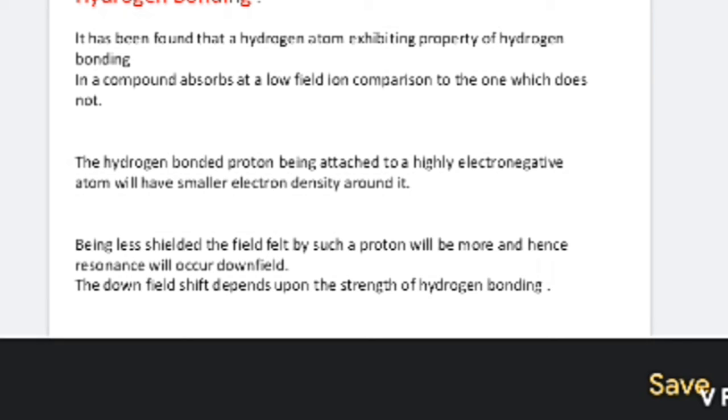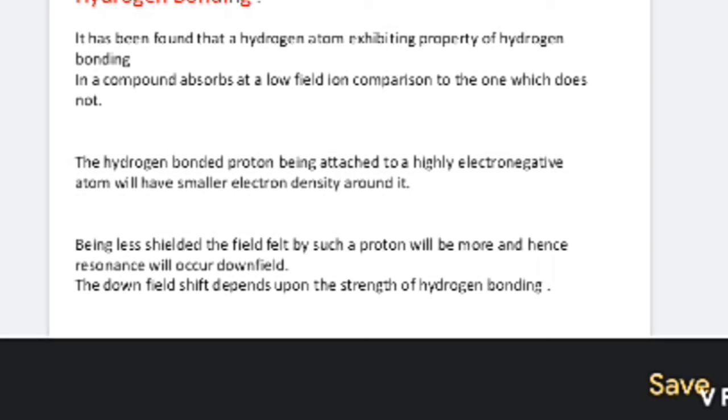The hydrogen bonded proton, being attached to a highly electronegative atom, will have smaller electron density around it. Being less shielded, the field felt by such a proton will be more, and hence resonance will occur downfield.